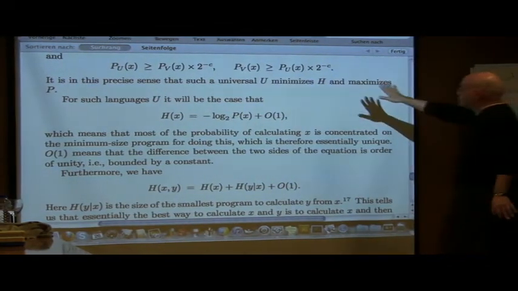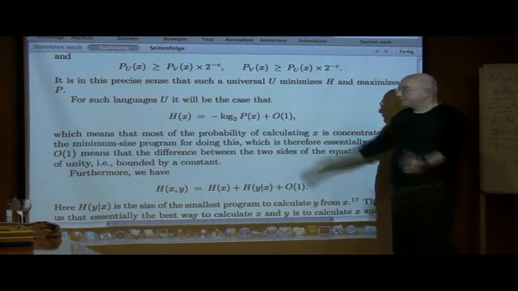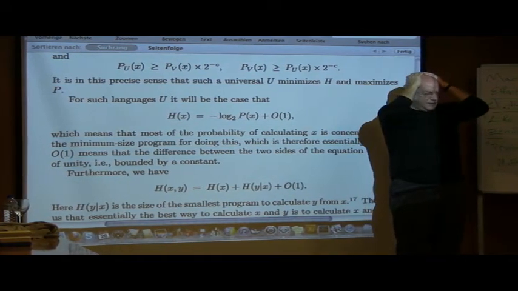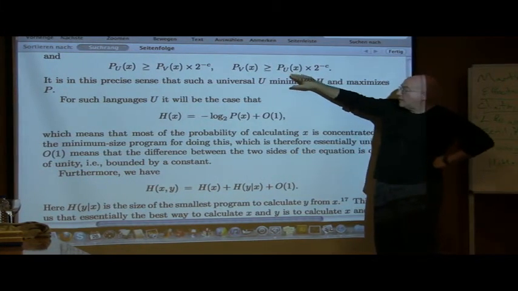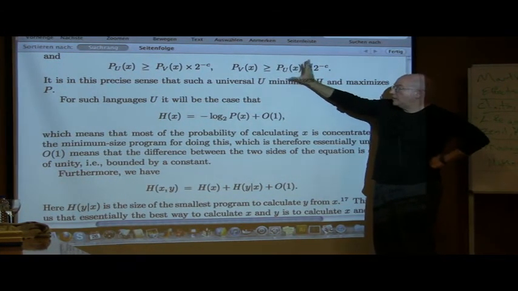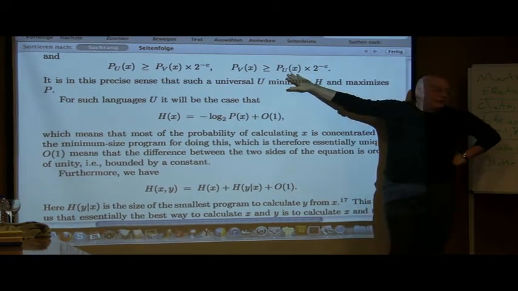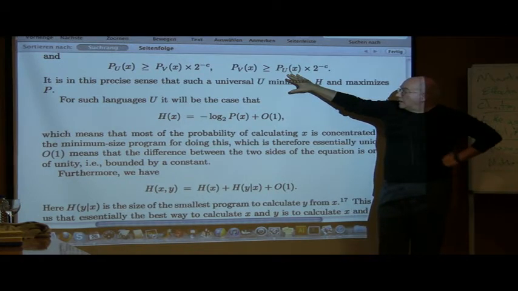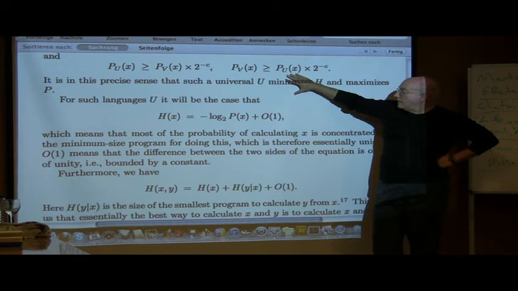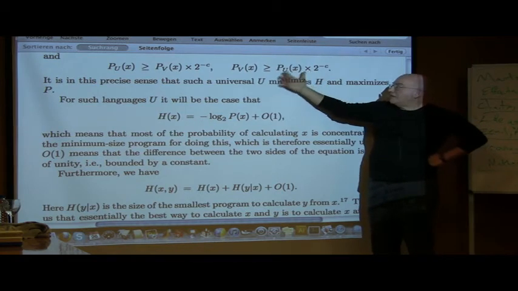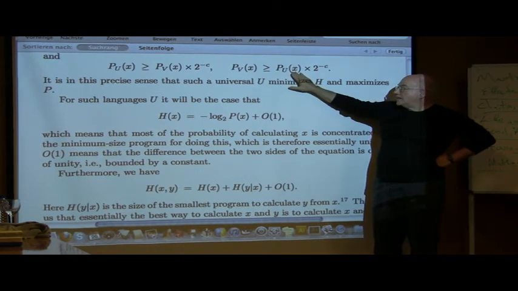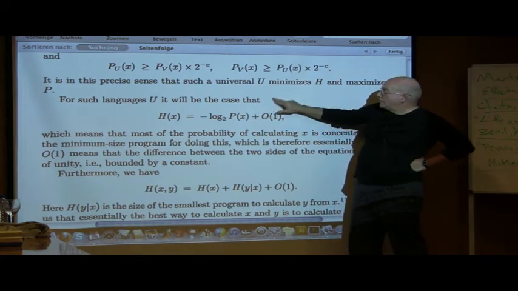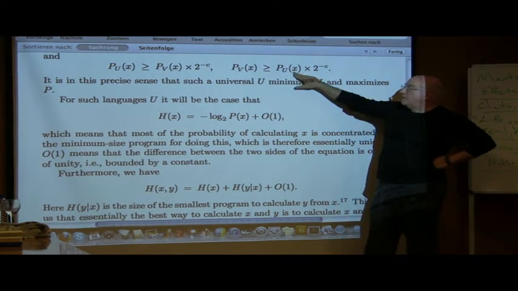Now, this business here is really important. Some people, I like to call this algorithmic probability. You know, this is the chance that a monkey typing on a keyboard will give you a program that will calculate x. Some people call this the a priori probability, which is also a good name, but I never use that when I write about it. But the idea is, this is a very natural probability measure on all objects. Through this relationship, it's 2 to the minus the size in bits of the most concise theory for x.